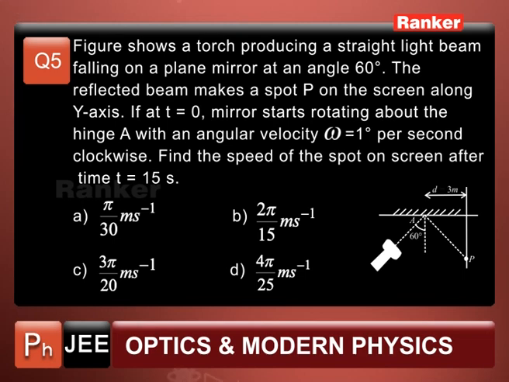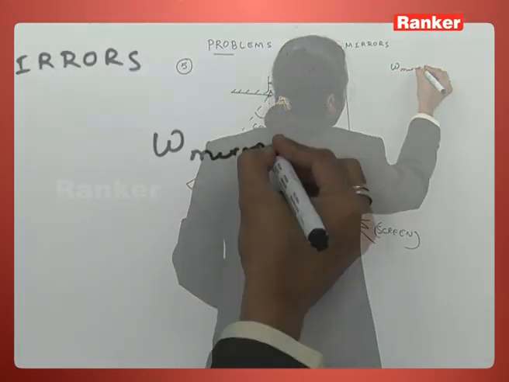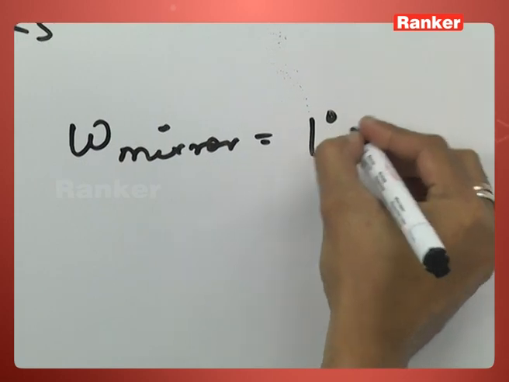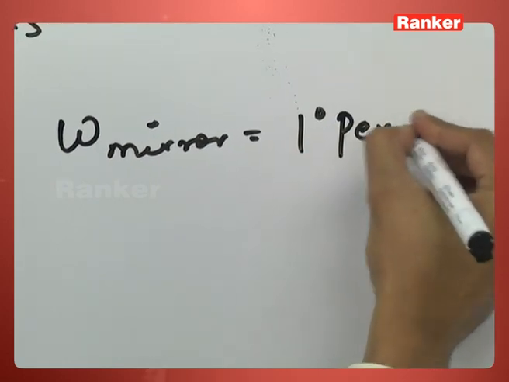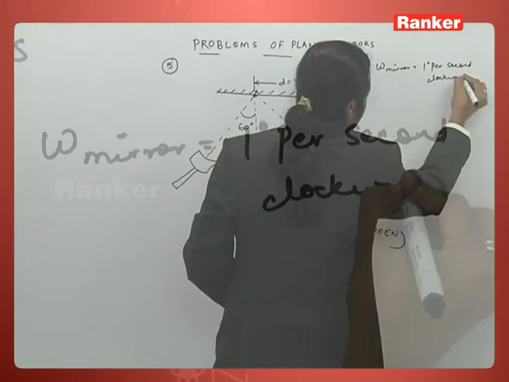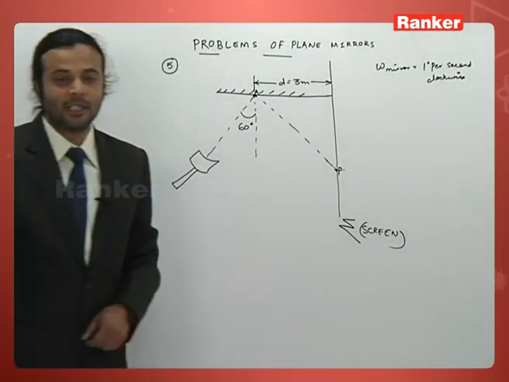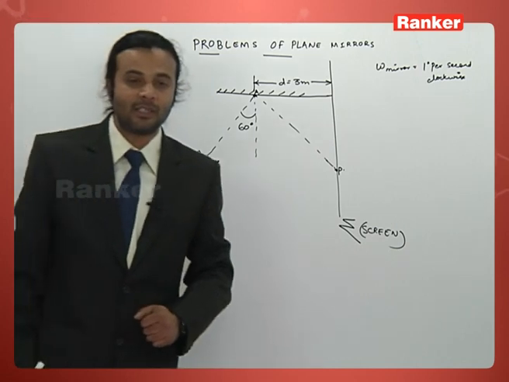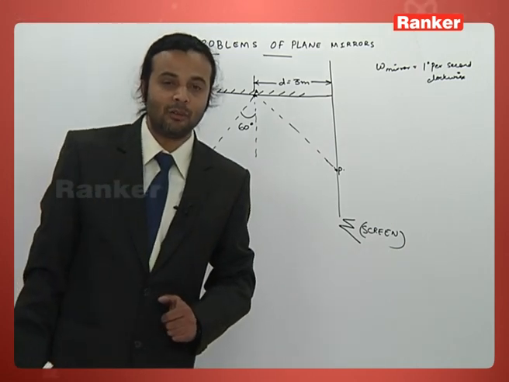So I write omega of mirror is equal to 1 degree per second clockwise. Now he is saying find the speed of this spot on the screen after time t equals 15 seconds.